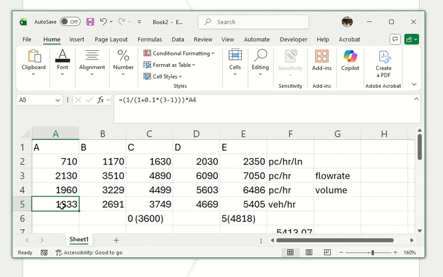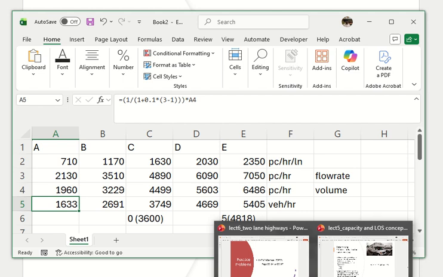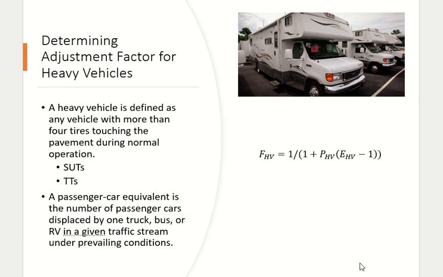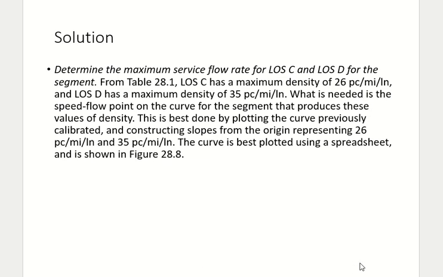So now I know if I have to have level of service A, I can only have volume up to this much. For level of service B, this much. For C, this much. For D, this much. So I know the maximum values now, and my work becomes very simple. I'll look at the values I already got.